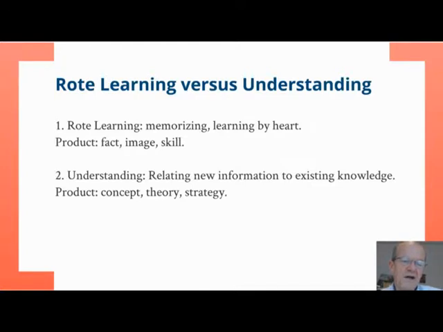The first level is, you might call the surface level, which is called rote learning, learning things by heart, memorizing things, things like facts, images which you want to store in your head, but also skills, so things you want to practice and then do automatically, like cycling, swimming, playing the piano, playing the violin, etc. So these kinds of things are learned by practicing, by doing things repeatedly, rote learning.